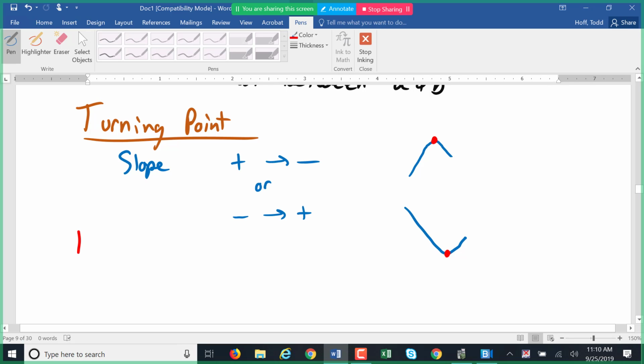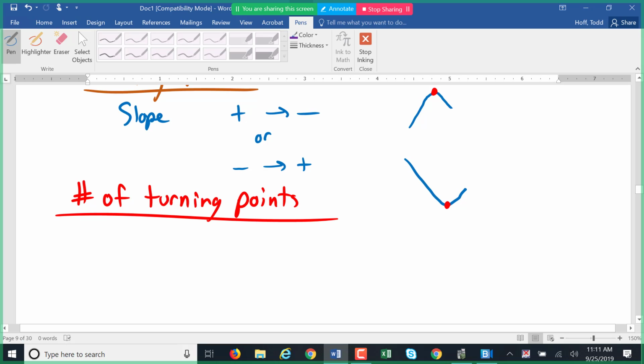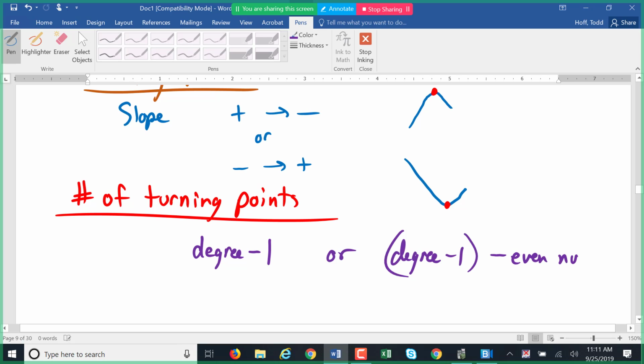The number of turning points is either going to be the degree of the graph minus 1, or that degree minus 1 minus an even number. So just like our number of roots, it's either that amount or 2, 4, 6, 8 less. Same with our turning points.